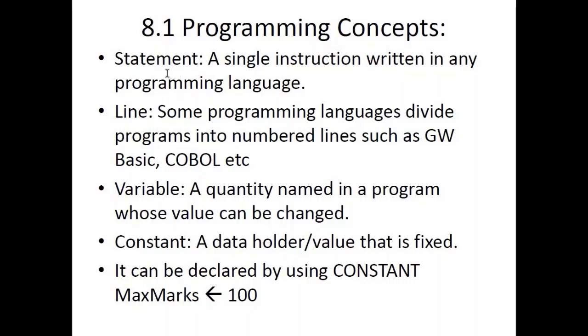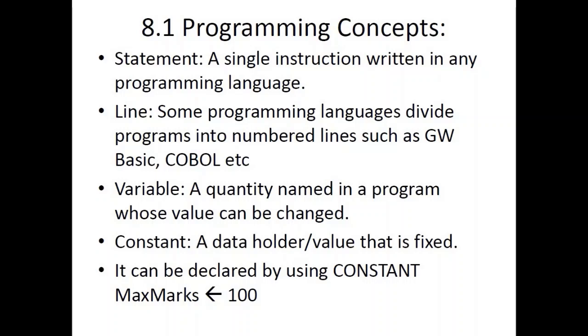Sometimes this is also referred to as a single instruction written in any high-level programming language. Line concept is adopted by some programming languages, whereas it is completely overlooked by other programming languages. Anyhow, the concept of line is still quite simple. Basically, whatever you write into an IDE, it is given automatically line numbers.